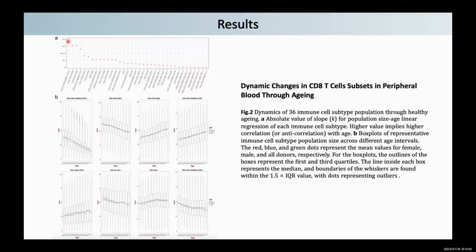For example, the highest is naive CD8 T cells, followed by functional CD8 T cells, which are CD28 positive CD8 T cells, then terminally differentiated CD8 T cells, then exhausted NK cells, and the number of V delta 2 gamma delta T cells. As you can see, some of the parameters reduced with age. Some parameters increased in value with age.